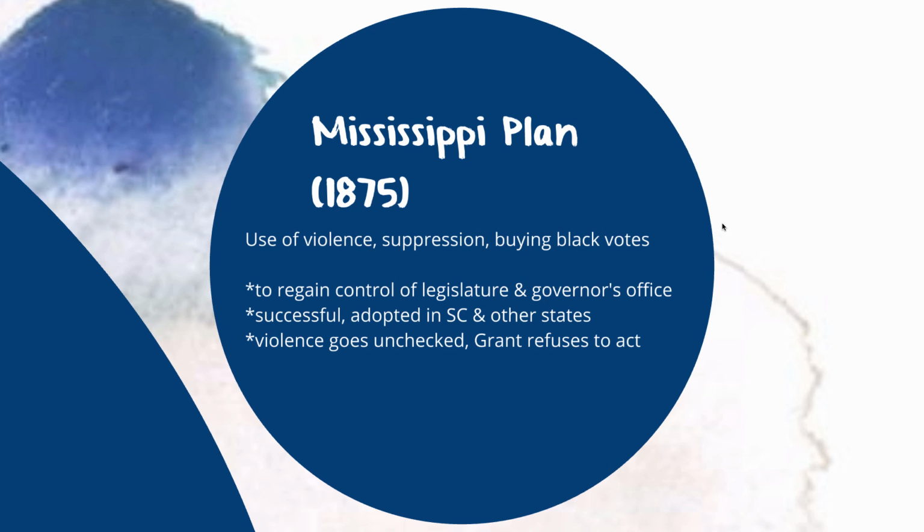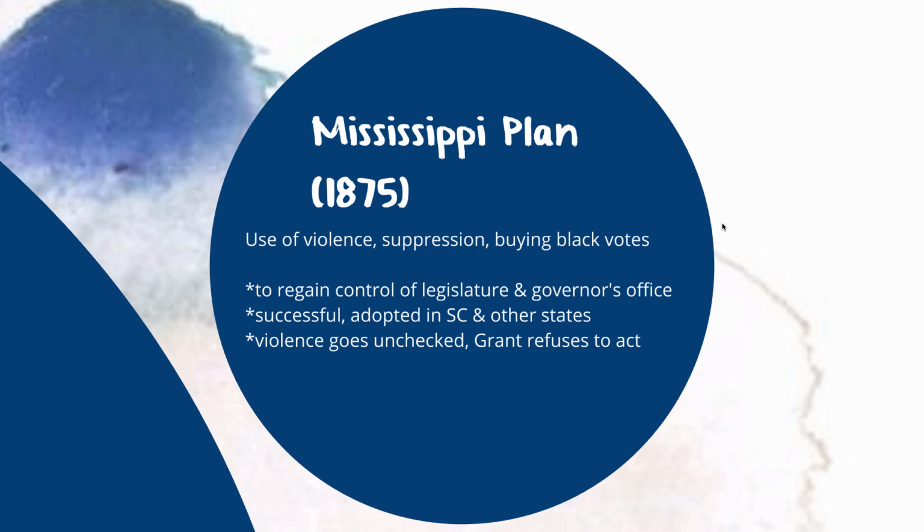So as you can imagine, there is a lot of resentment among white Democrats, white Southerners. They don't like it because Republicans are essentially controlling these governments in the South. And so in 1875, they come up with a plan to win back control of their government. Okay, so it's known as the Mississippi Plan.